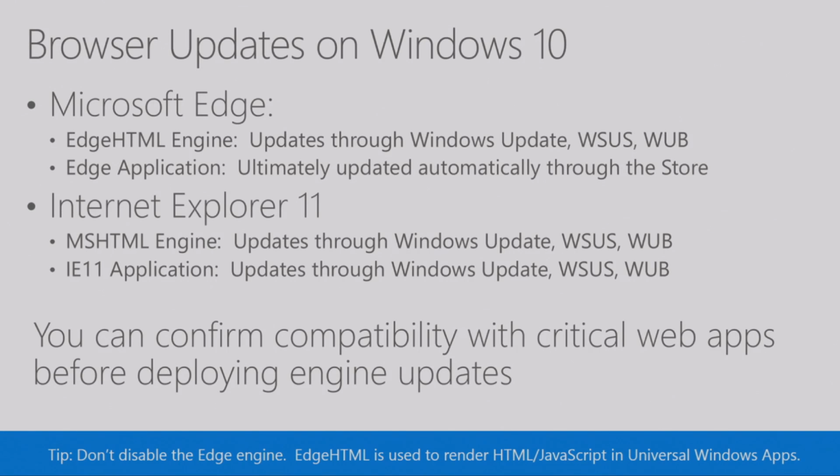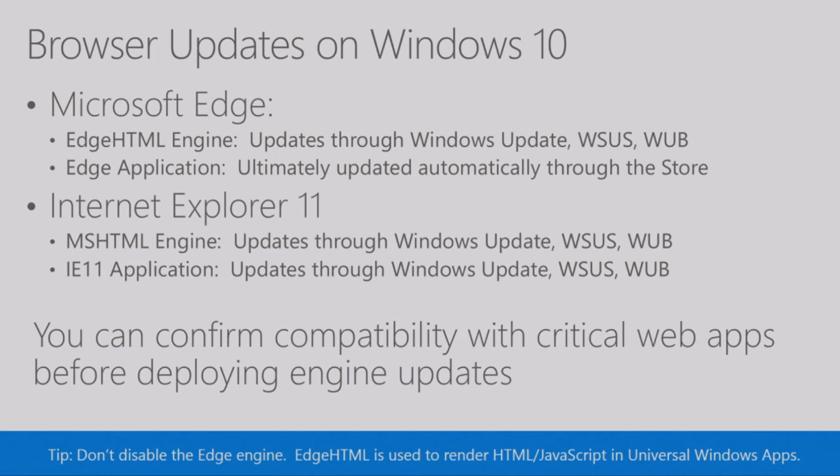However, Microsoft Edge, which is our new modern browser, is evergreen. We're always updating it with the latest and greatest features. We want to make sure that you can get those features a lot quicker while still maintaining the ability to test your sites before you take these updates. So the Edge HTML engine, which powers Microsoft Edge, also is updated through the existing Windows Update mechanism, through WSUS, through WUB.